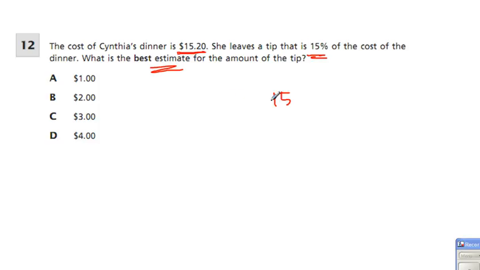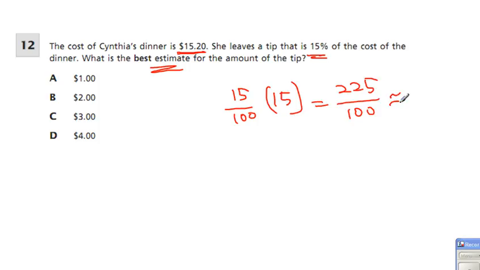All right, so let's multiply that by 15 over 100. And 15 times 15, we will realize it to be 225 over 100. This one is approximately equal to $2. So therefore, the best answer will be choice B.